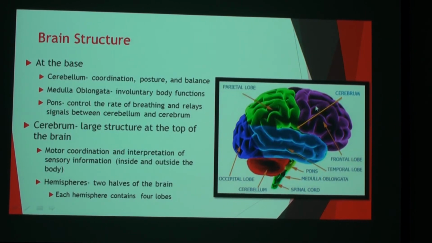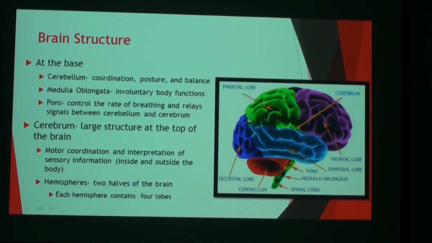For example, if we touch a teddy bear, the neurons on our hands are gonna send the message to the brain, and this part of the brain, which will be the brain cortex, is gonna allow us to know that it feels soft. And also we have hemispheres. Hemi means half.